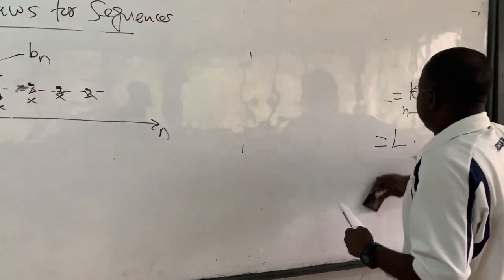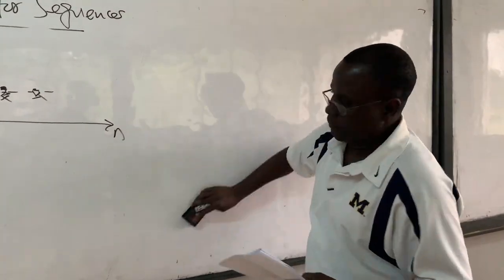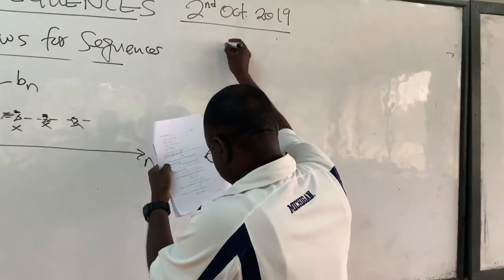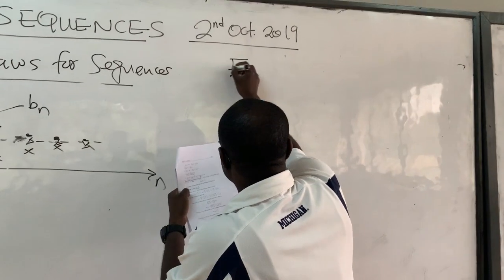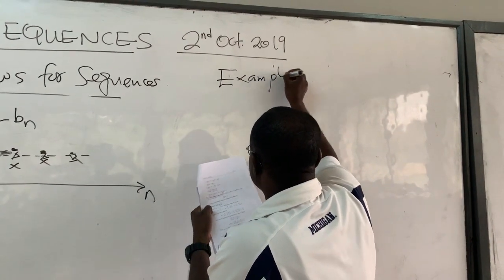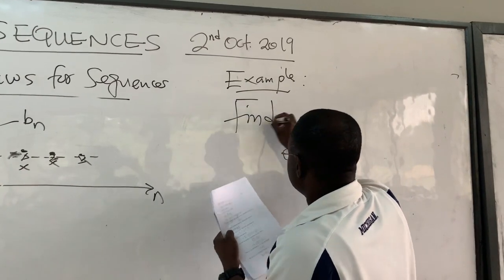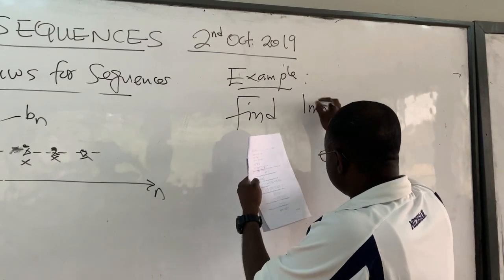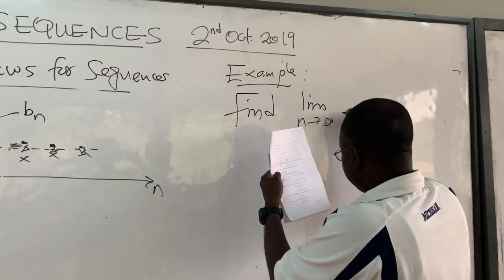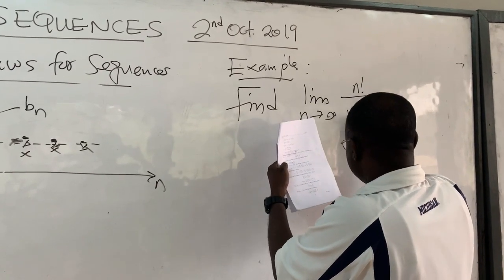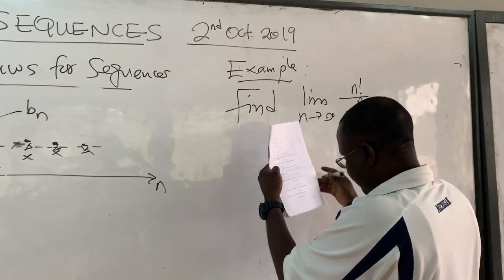So here, we want to find the limit as n goes to infinity of n factorial all over n raised to the power n.